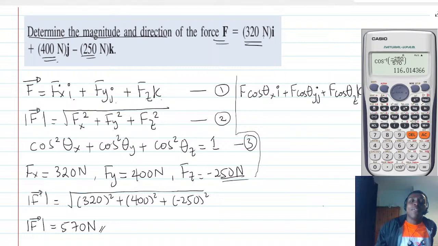Whenever they give you a question and only one of the angles is given, or you have been given two of the angles and you need one of the angles, you use that equation. But when you have every angle and you have the forces and want to find the magnitude, you use the second equation. All right.